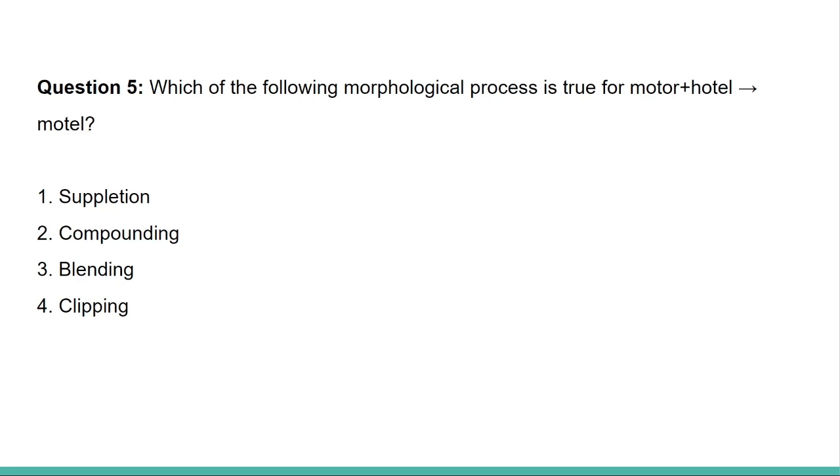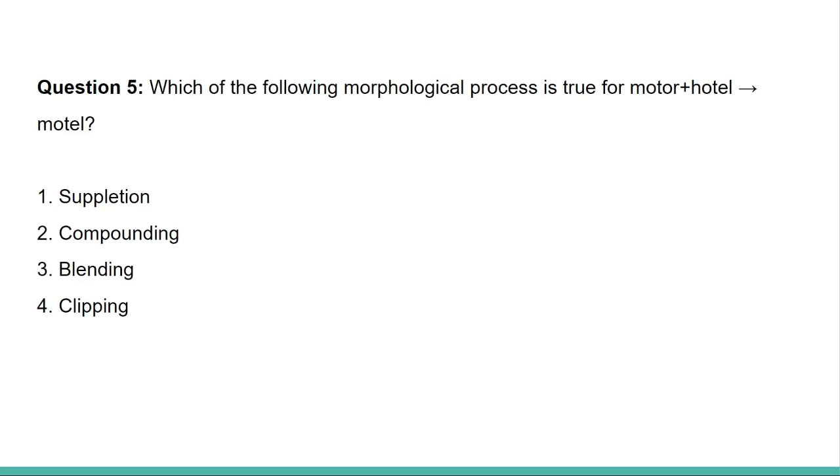So what is suppletion? In suppletion, we find irregular word forms, such as go to went, good to better. In regular English grammar, to get the past tense form of a word, we simply add the past tense marker suffix -ed.